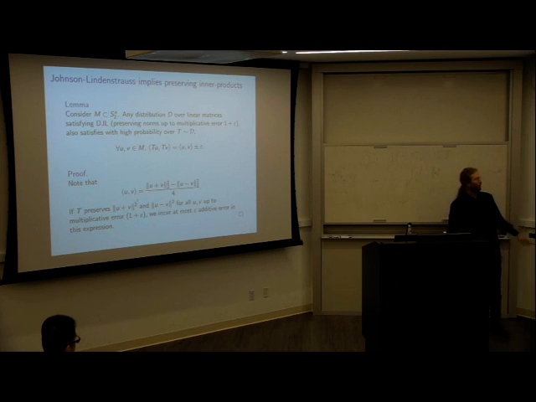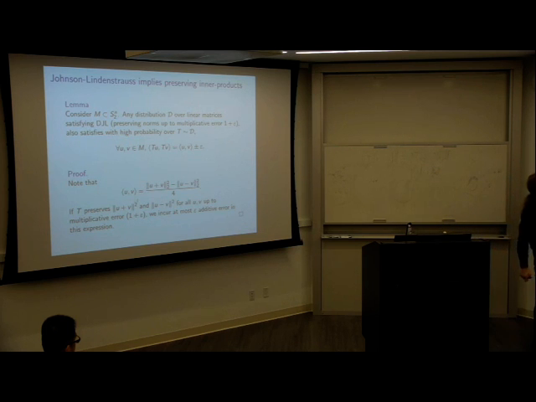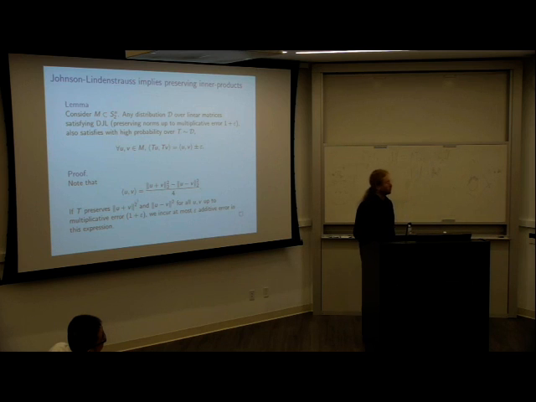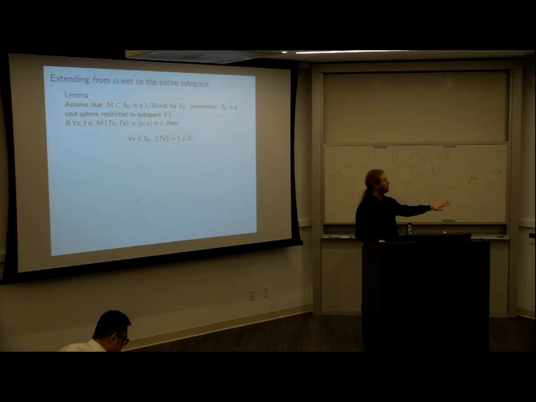So the bottom line is, if for all pairs of points u and v in my net, I have a linear map that preserves multiplicatively u plus v squared and u minus v squared, then it's also going to preserve inner products up to additive error. Okay? And we can get this with a Johnson-Lindenstrauss map that has target dimension k over epsilon squared.